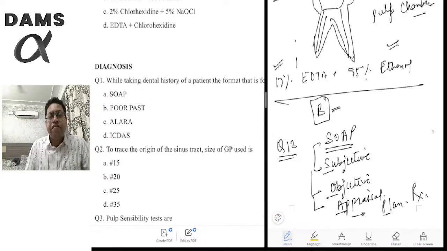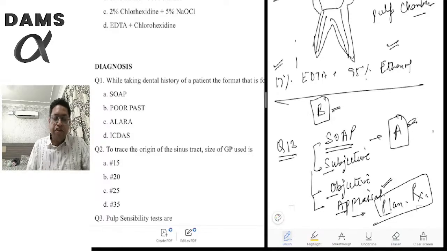We first take the history of the patient, record the patient's subjective findings, then make objective clinical testing. Then based upon the subjective and objective findings, we make appraisal of the situation, we assess the clinical situation, arrive at a final diagnosis, and then accordingly we devise a treatment plan. So option A would be the answer to question number 13 or question number 1 of the diagnosis section.